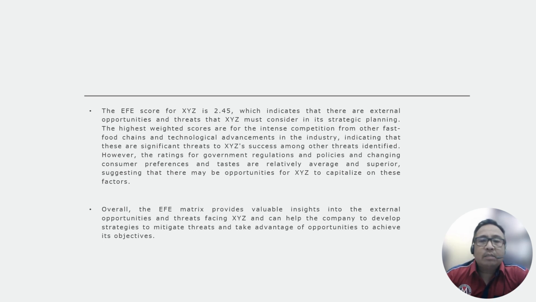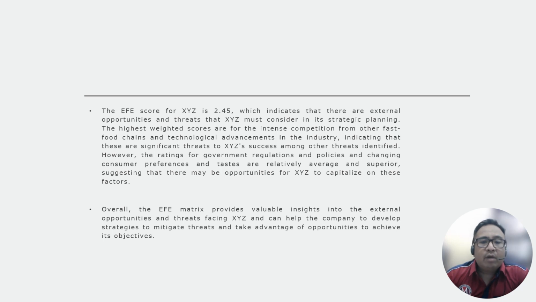The highest weighted scores are assigned to intense competition from other fast food chains and technological advancements in the industry, highlighting the significant threats XYZ faces.